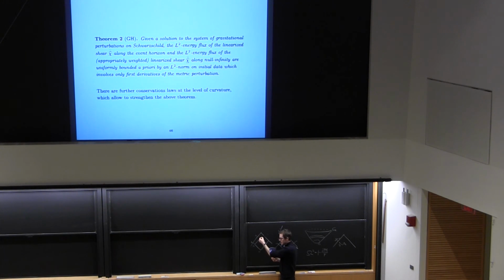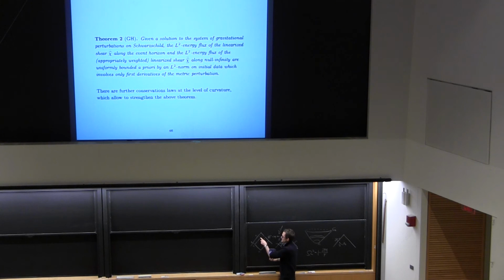If you do these two things, you change the gauge on this ingoing null hypersurface, it changes up to a boundary term, so you're seeing a boundary term here, and this flux on null infinity, you can show that in the limit as you go to null infinity is the flux of chi bar hat squared plus a boundary term.